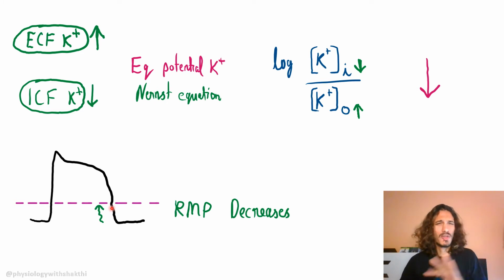That is how the nomenclature is, so don't get confused, because that is how it's mentioned in the textbook. So when you're reading it, you might get a little confused. RMP decreases means the absolute value decreases from minus 90 to minus 70. That's what they actually imply. Please keep that in mind because students always get confused with this. So RMP decreases because of this, and you understood why.